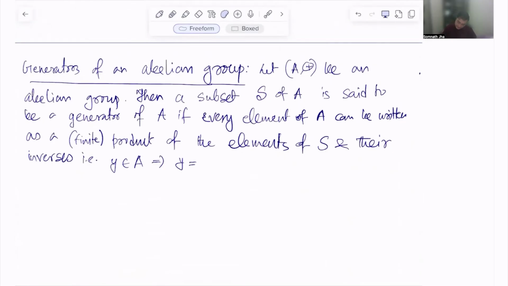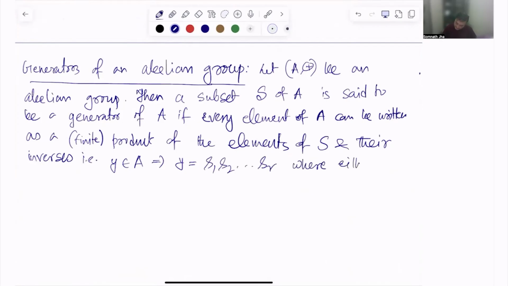then Y equals S1 S2 up to SR, where either Si belongs to S or Si inverse belongs to S for i equal to 1 to R. This R depends on Y. So every element can be written as a finite product of elements coming from S or their inverses.